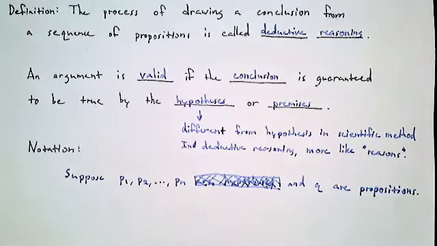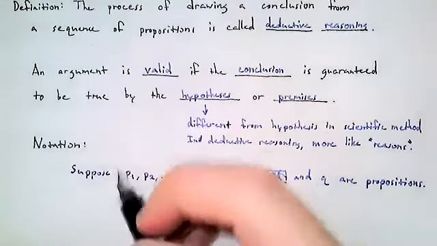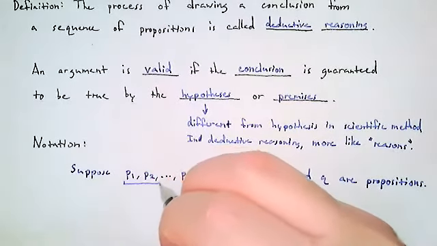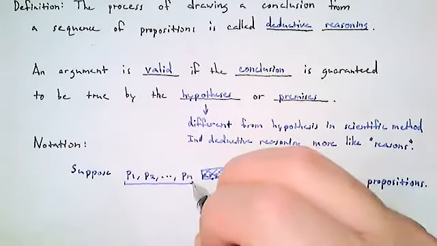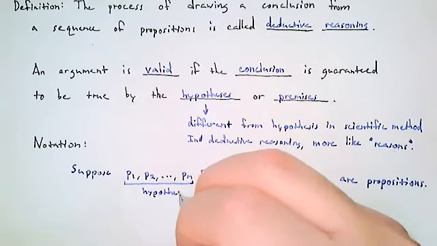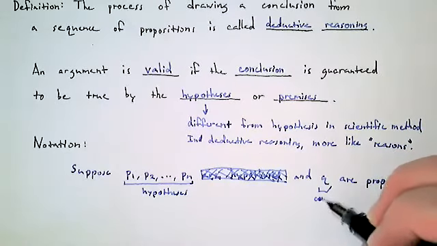So they're things that can be true or false, the kinds of things that we deal with in logic. And then maybe underneath, I'll label them hypotheses, and conclusion.